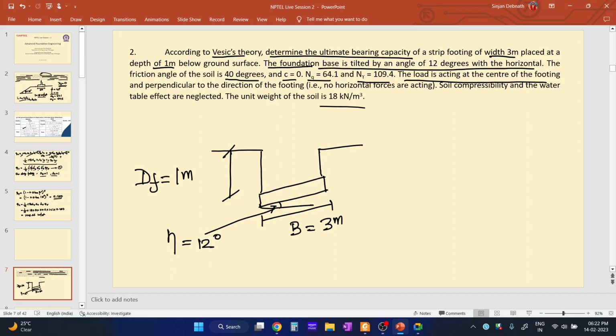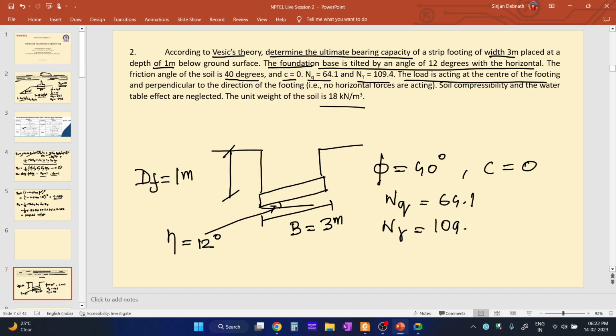The friction angle of the soil is 40 degrees and C value is 0. The corresponding bearing capacity factors for 40-degree friction angle are NQ is 64.1 and N gamma is equal to 109.4, and the load is acting at the center of the footing.